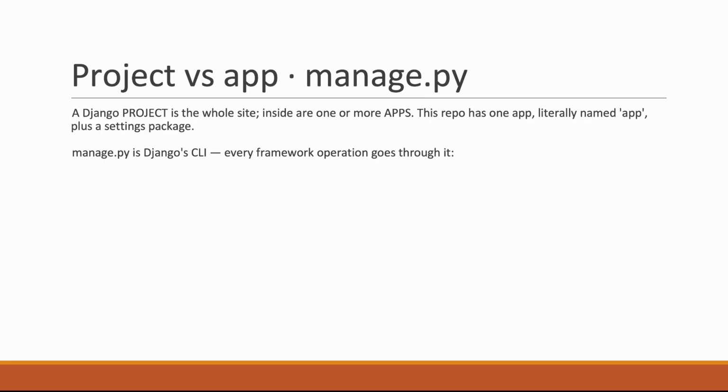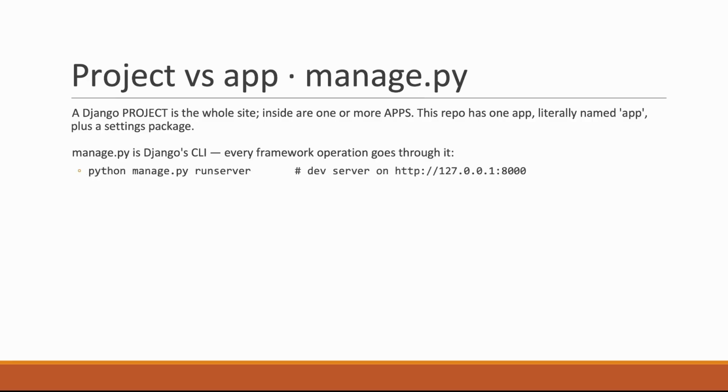Now manage.py is that Python module which is handling the Django CLI, right? All the commands to run and stop the server, collect statistics, there are 3 or 4 commands we use with manage.py for those operations.